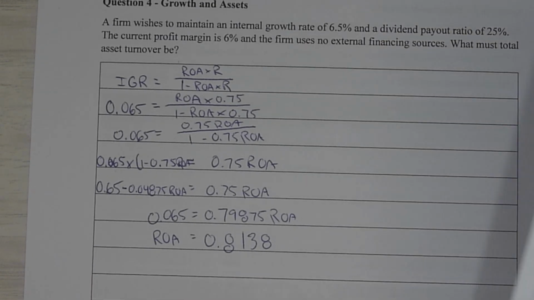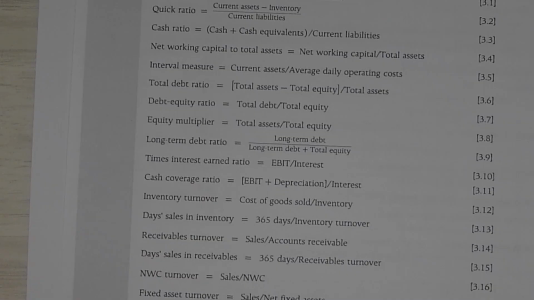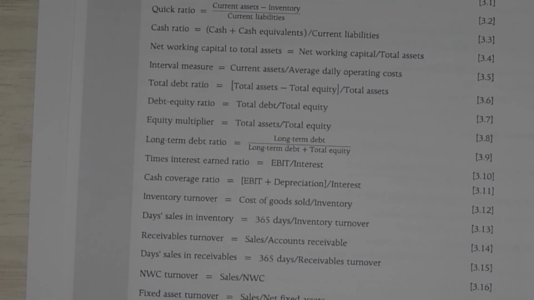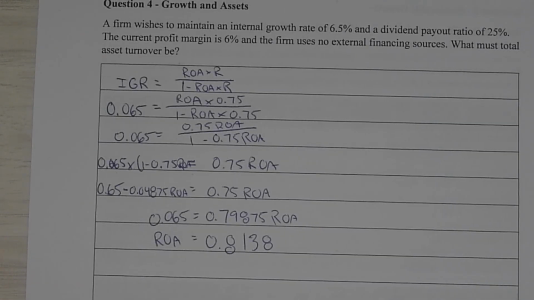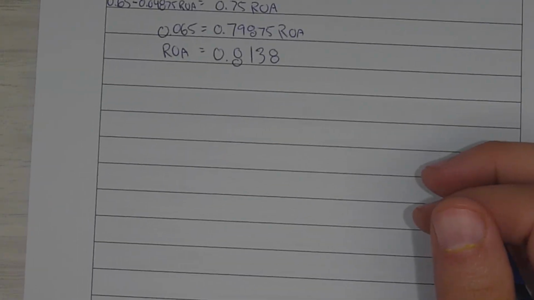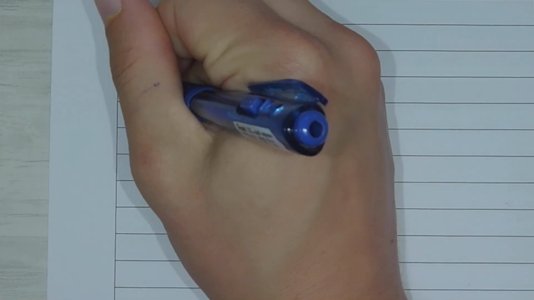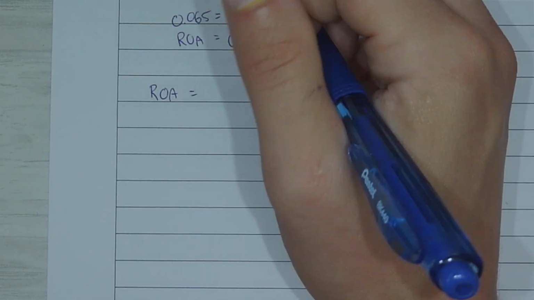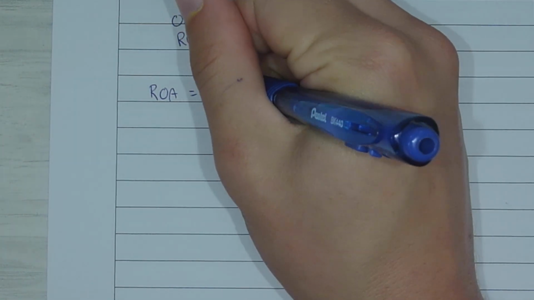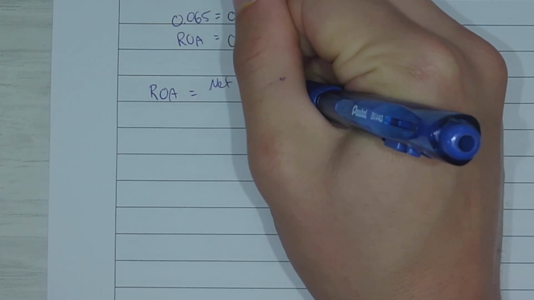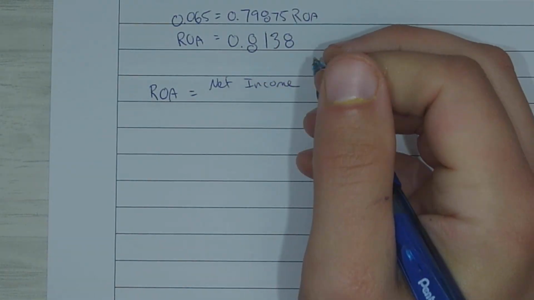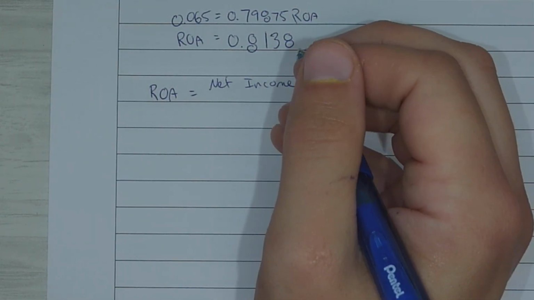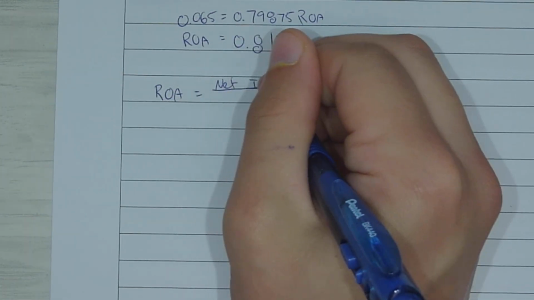Our return on assets is equal to net income divided by total assets. So ROA is equal to net income divided by total assets.